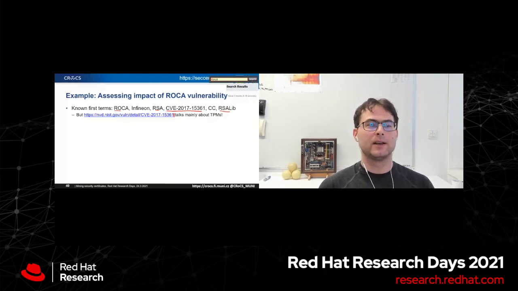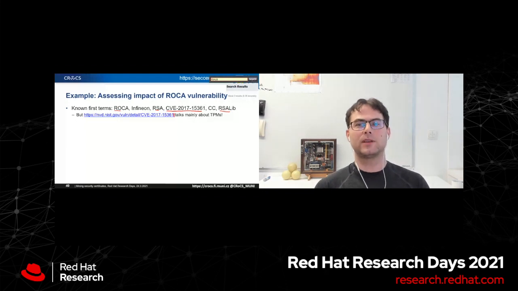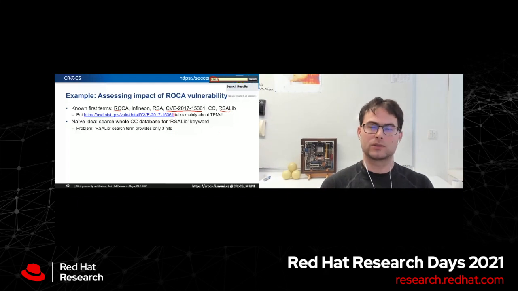The naive idea would be, let's search the Common Criteria portal, the portal offered by Common Criteria members, for the RSA lib keyword, but you will get just 3 hits. Okay, so that was not really convincing. Or the problem is small. Okay, that's another option.